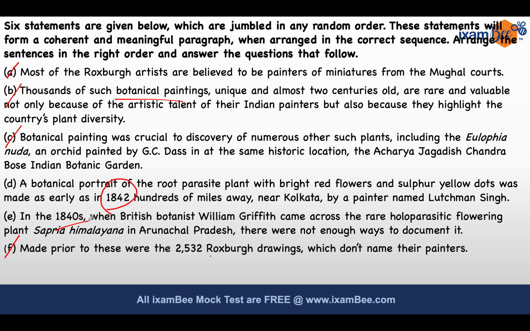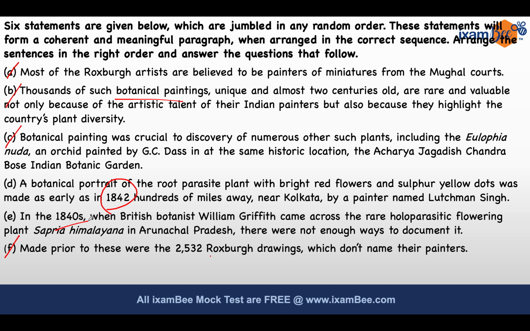In the 1840s, when British botanist William Griffith came across the rare holoparasitic flowering plant Sapria himalayana in Arunachal Pradesh, there was not enough ways to document it. Something happened in 1840. A plant was discovered, a rare plant, but there weren't any way you could document it, right?